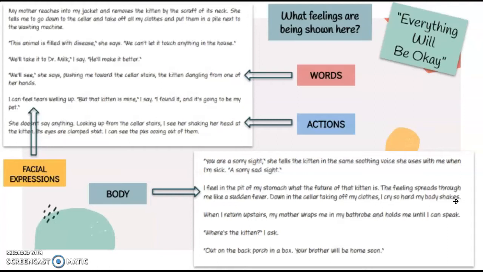He never just tells us, I was sad, because that wouldn't convey the depth of the emotion the way it does when he uses his facial expressions, his words, and the feelings in his body to show us what that sadness feels like. It's much more powerful. So that's what we're asking you to try, because it's going to make your story so much better.